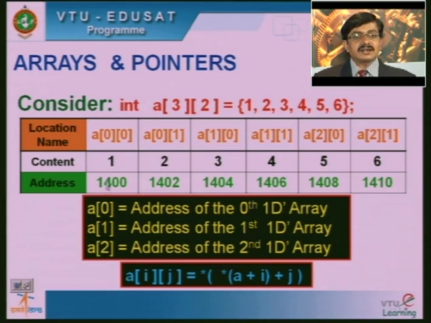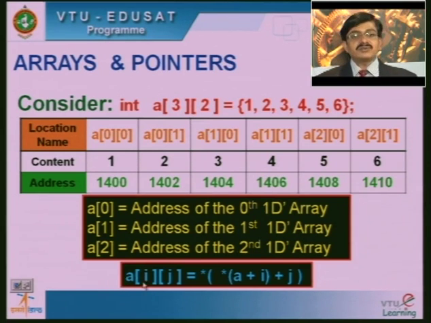So 1400 is the address of the 0th 1-dimensional array, 1404 is the address of the first, and 1408 is the address of the second. These are 3 arrays of 1-dimensional arrays, which is the reason we have 2-dimensional arrays here, 3 rows and 2 columns. So each row corresponds to a 1-dimensional array.